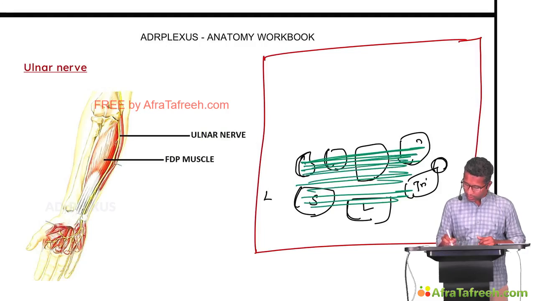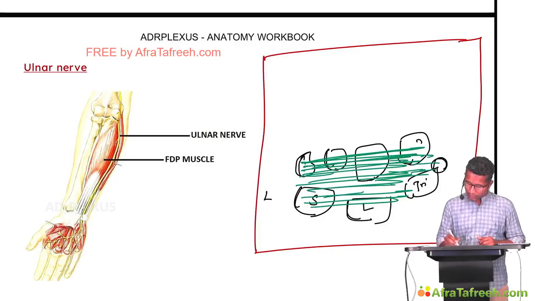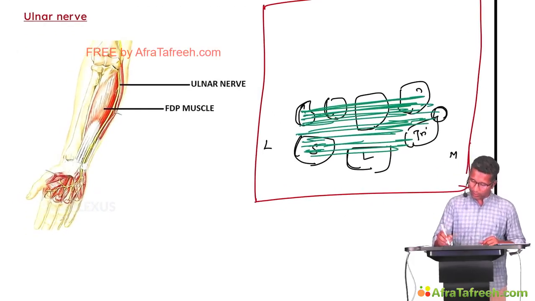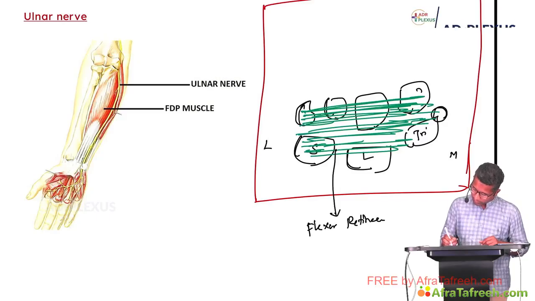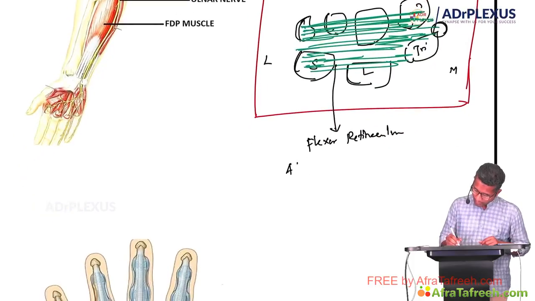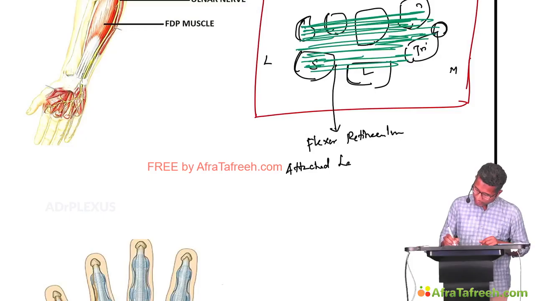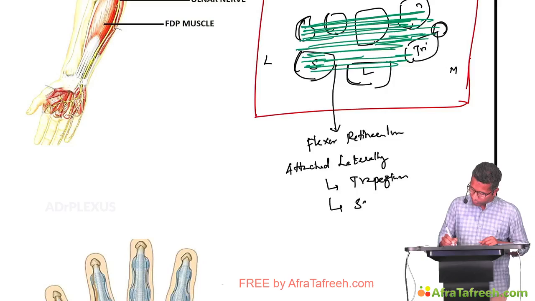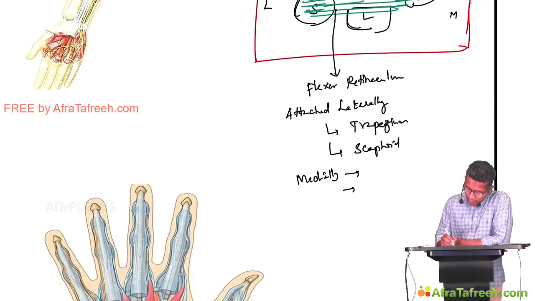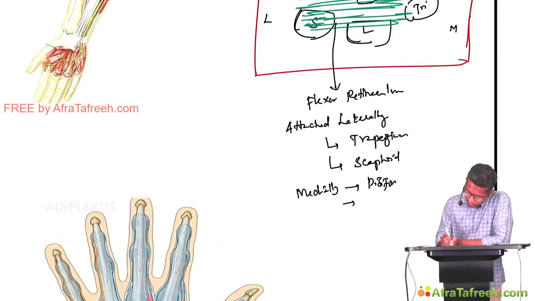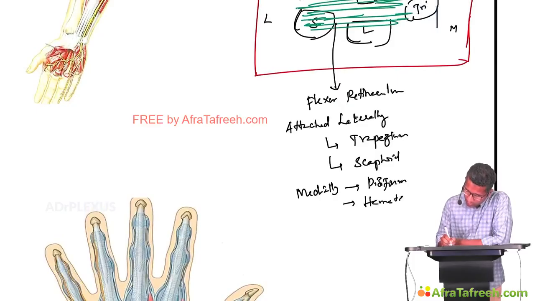This flexor retinaculum is attached laterally to the trapezium bone and to the scaphoid bone, and medially it is attached to the pisiform bone and the hamate bone. So this is how it's attached.